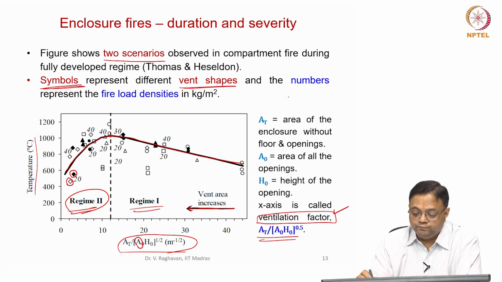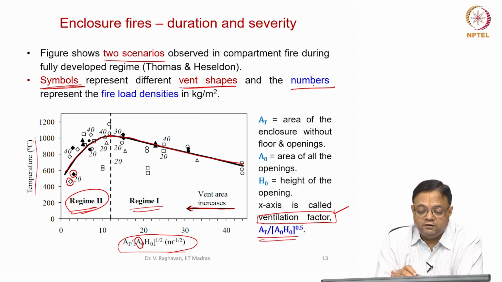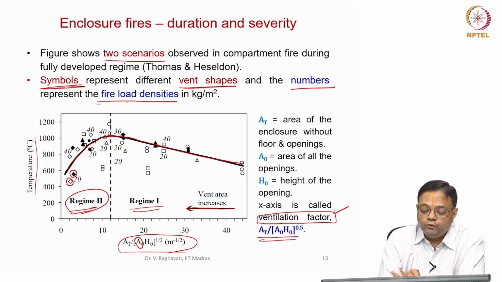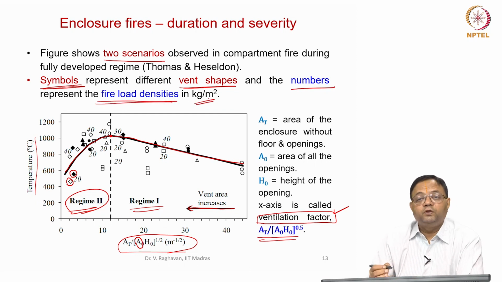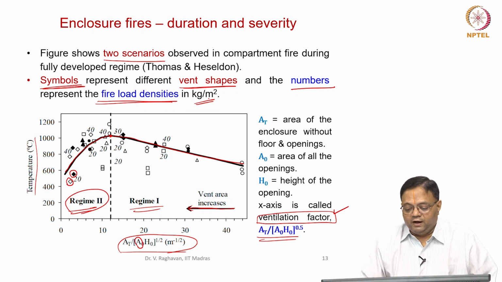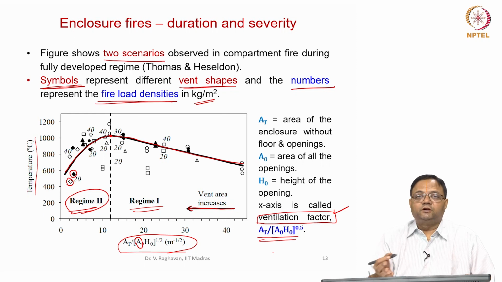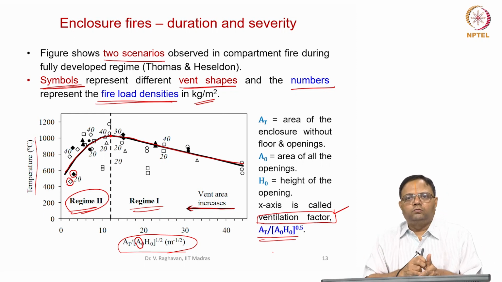Then the numbers here 40, 30, 20, etc., numbers represent the fuel load density, that is kg per meter square. So we can see that the effect of ventilation is very severe, or it affects the temperature distribution or heat release also correspondingly.